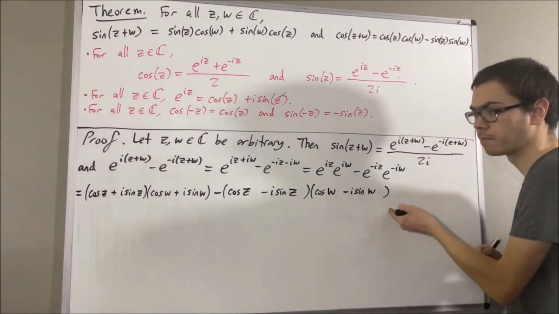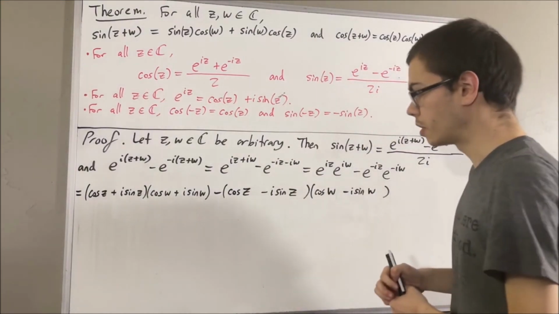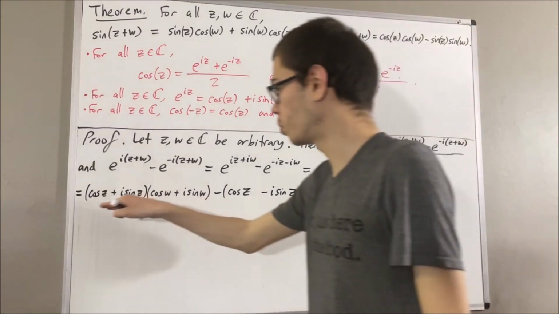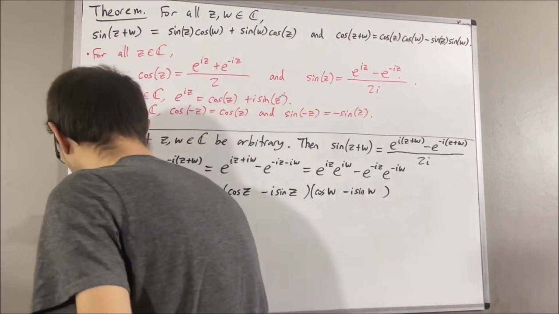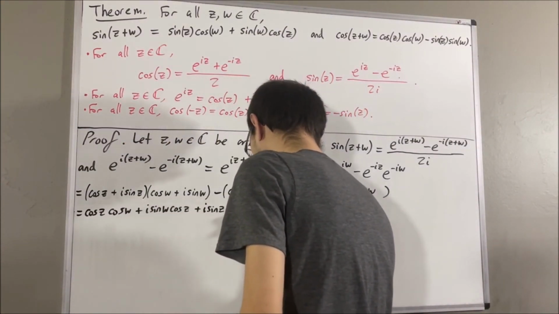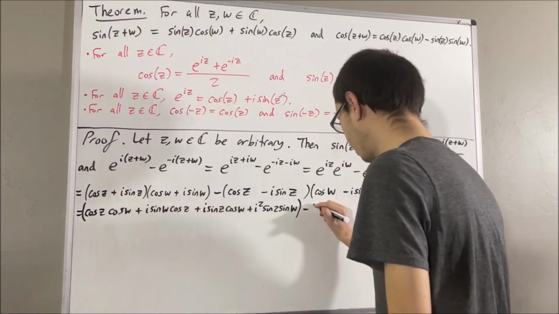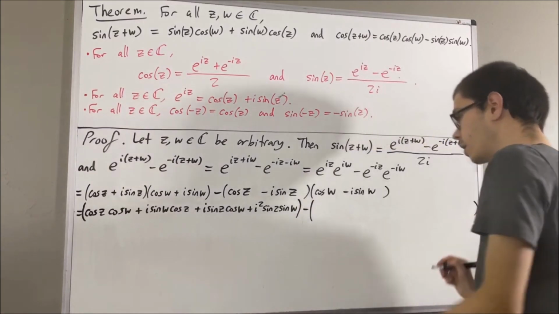So we have this. But now, let's expand this out. If we multiply these together, we get this. But then we are subtracting these.